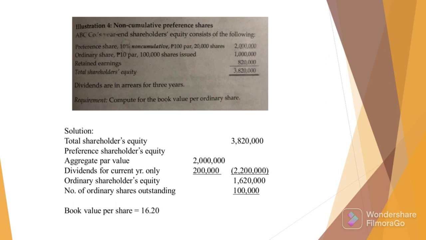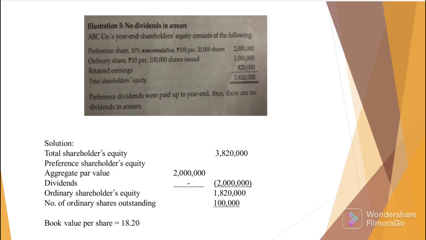Illustration 5, no dividends in arrears. So sinasabi dito, preference dividends were paid up to year end, thus there are no dividends in arrears. So solution, total shareholders equity 3,820,000. Preference shareholders equity, aggregate par value na 2 million.